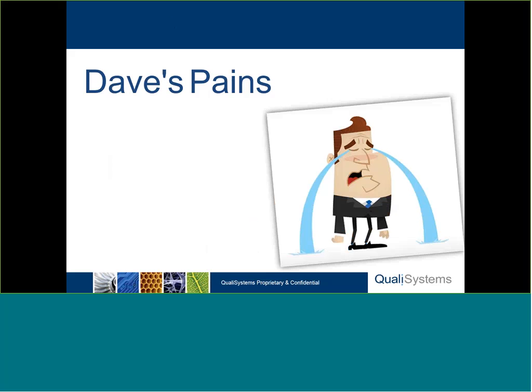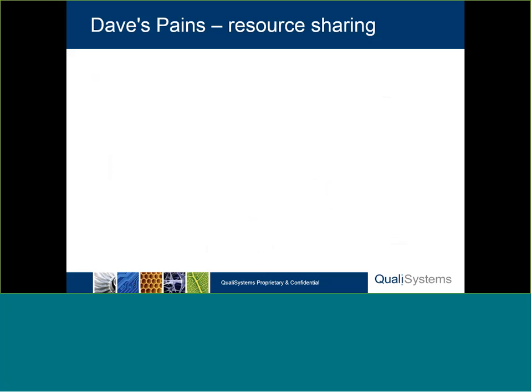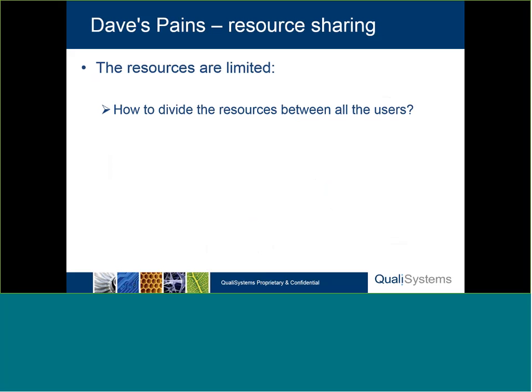Now, what are the pains? How hard is it to do this when you are not working with a resource manager and not all your resources are in one database and can be shared between all clients? So first, the resources that each and every company has are limited.